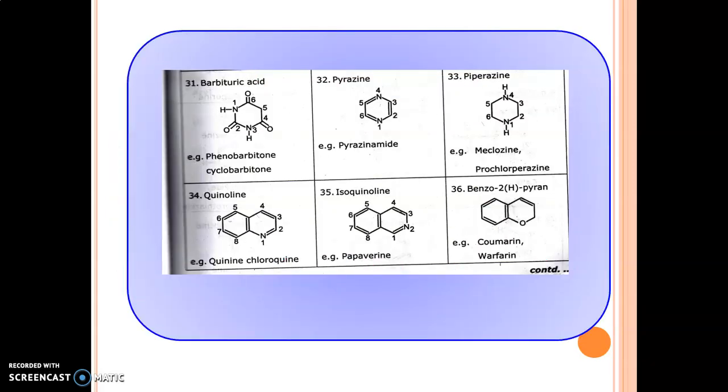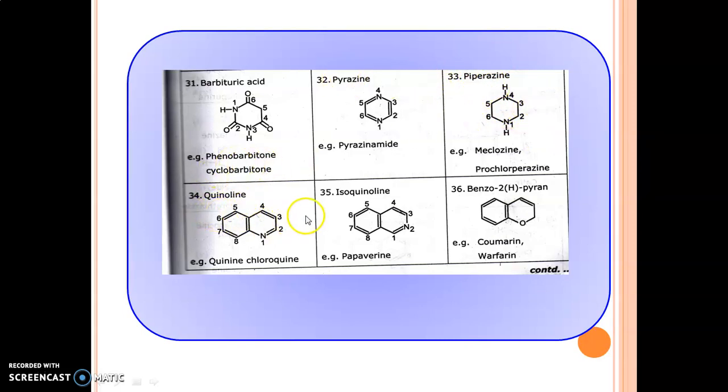Next ring is barbituric acid. It is a perhydropyrimidine ring which is substituted at 2,4,6 position with ketone group, that is double bond O group. Next is pyrazine ring. In this, the 2 heteroatoms are nitrogens at 1 and 4 position, hence called pyrazine. Piperazine is a saturated form of pyrazine.